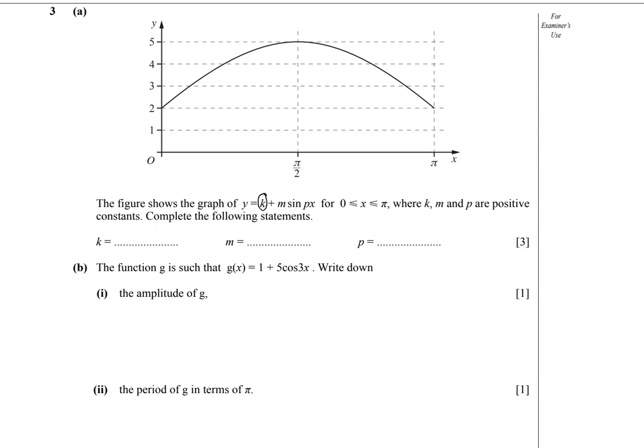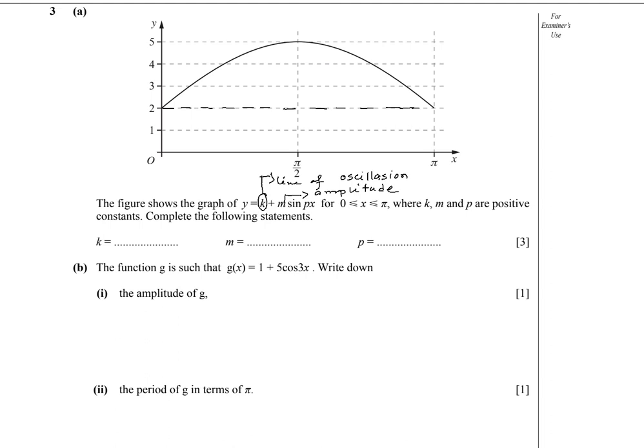Here this k is the line of oscillation of the curve. This is the line of oscillation, and here this m is the amplitude of the curve. So now let's draw the y equals 2 line by a dotted line like this.